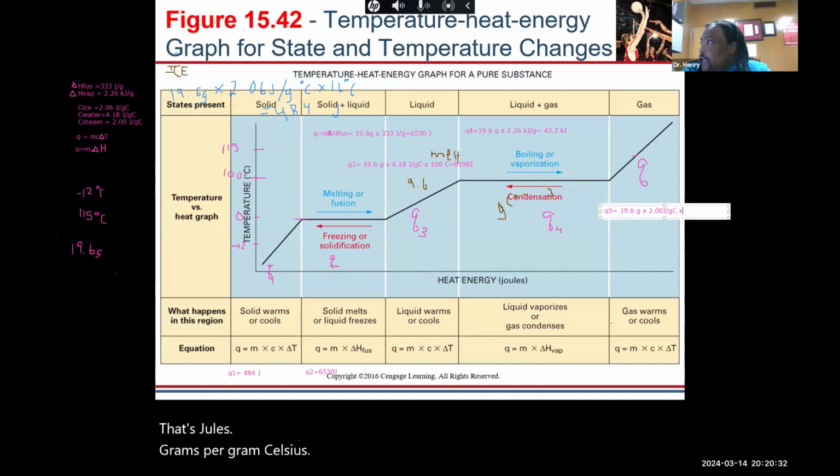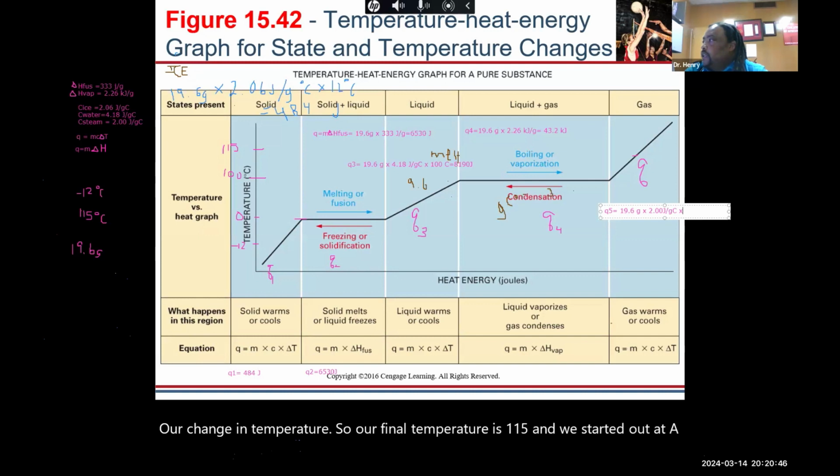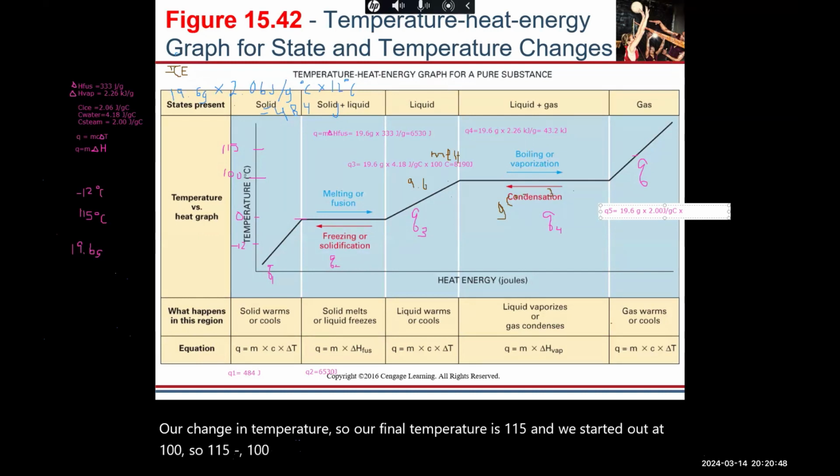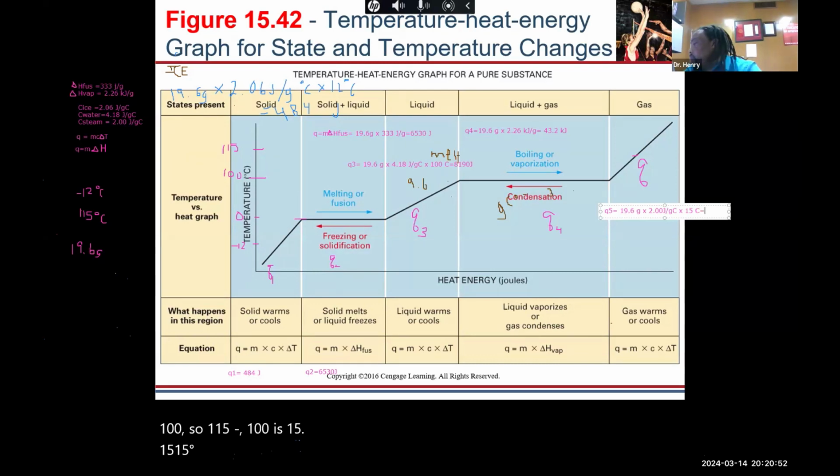And then times our change in temperature. Our final temperature is 115, and we started out at 100. So 115 minus 100 is 15 degrees Celsius.